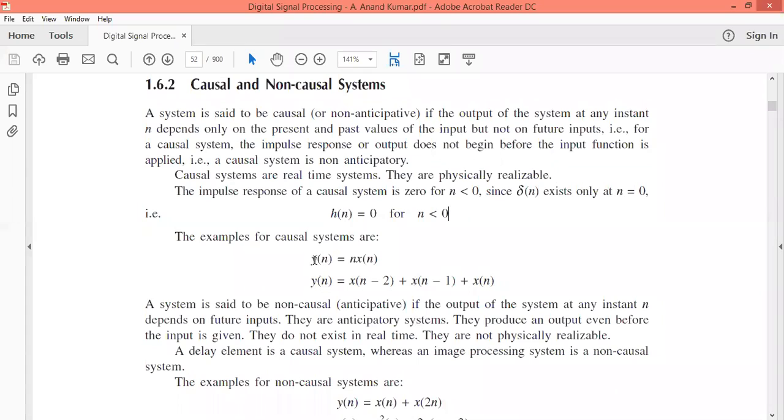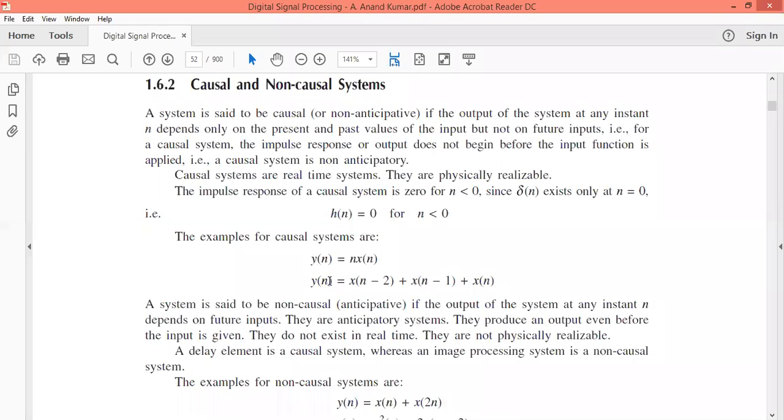Substitute n equal to 0 here. If you substitute n equal to 0, y of 0 is equal to x of 0. So our present output depends upon the present input value. Substitute n equal to 0 in this equation: y of 0 is equal to x of minus 2 plus x of minus 1 plus x of 0.